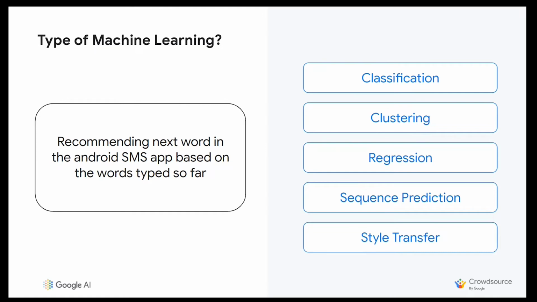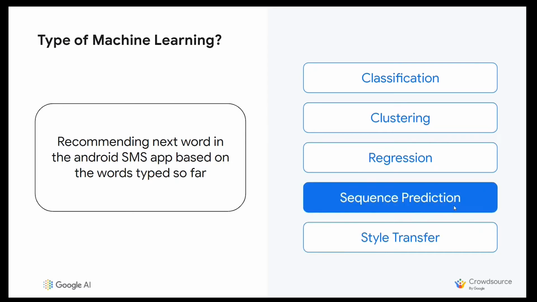So the answer is sequence prediction, and what she mentioned was exactly correct. We use sequence prediction in order to find the next word. In the example we used a keyboard where you're scribbling on a keyboard and trying to get a word.